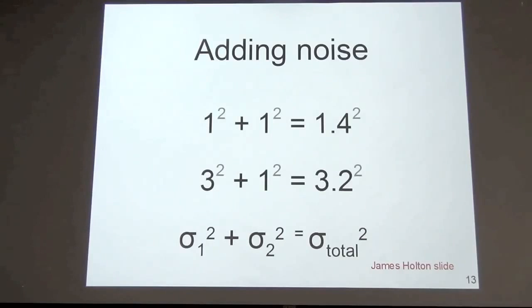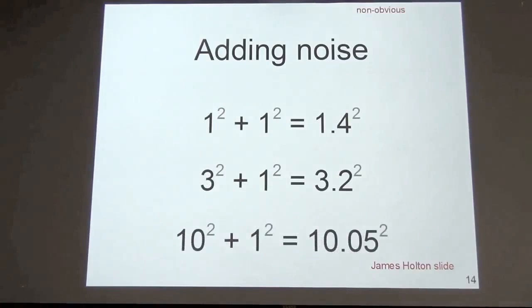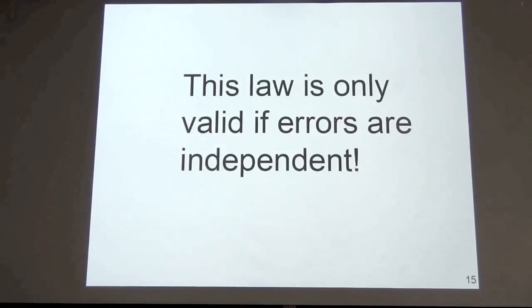Now, if we have two sources of error that are not the same in amplitude, one is 3 times bigger than the other, then the stronger one takes over, and this is more visible if one of them is 10-fold higher than the other: you almost don't see the smaller source of error in the end result. You can take account of it, but it's not so visible anymore.